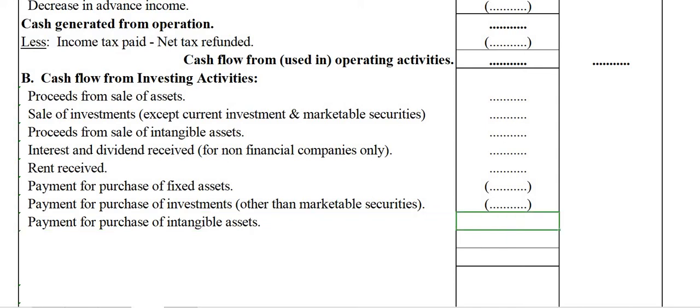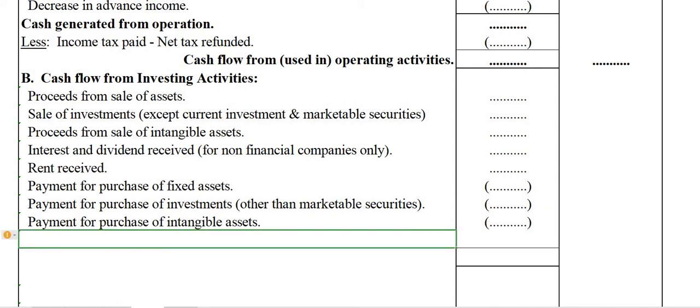Okay. Next item, extraordinary items. We will discuss extraordinary items later. Here, extraordinary items related to investing activity will be mentioned. For example, an insurance claim on machinery against an accident, fire or anything.